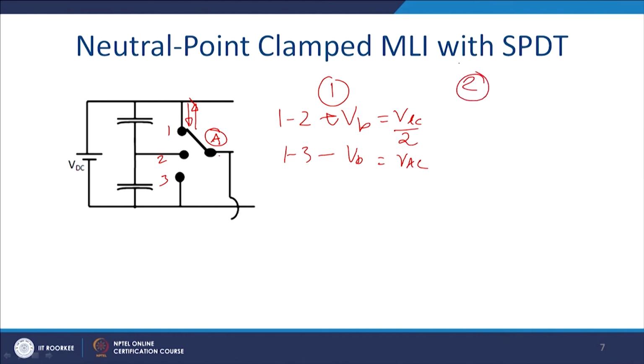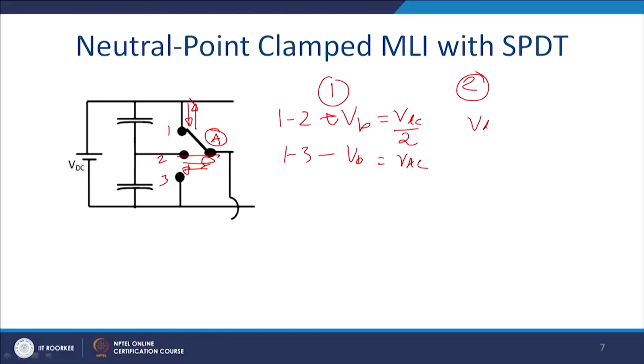So, how do you realize it? And when you put it in position 1, what about position 2? When you place the switch here, again it should have bidirectional current carrying capability between point 2 and A. So, we require a switch that allows current to flow in both directions. Again it can block the voltage of VDC by 2 between points 2 and 1.